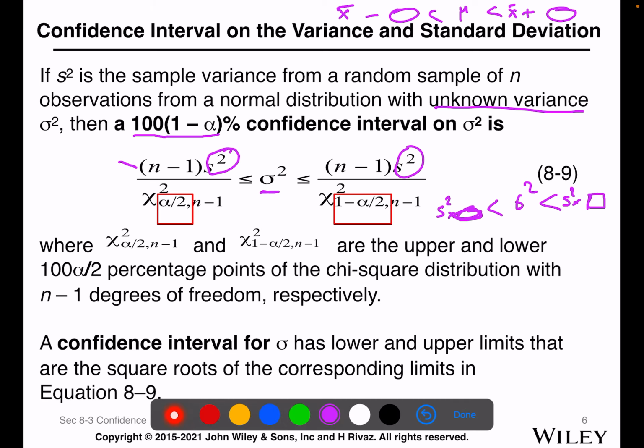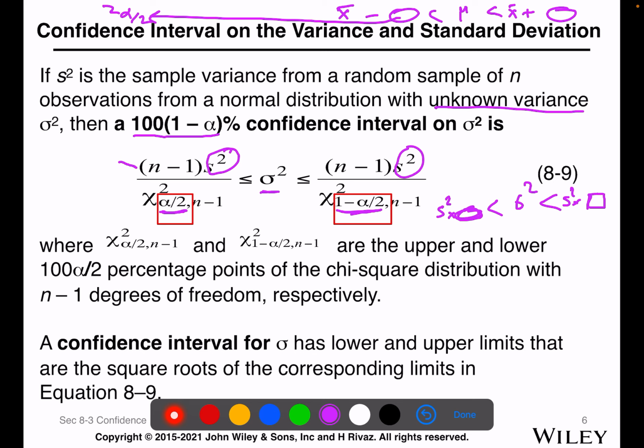One very important point is that for the mean, the lower and upper bounds, in all cases, for both z and t, were z of alpha divided by 2. Both of these were z of alpha divided by 2. In this case, for the lower bound it is chi-squared of alpha divided by 2, but for the other it is chi-squared of 1 minus alpha divided by 2.